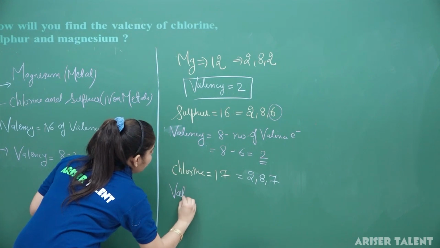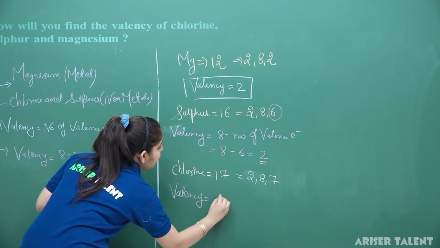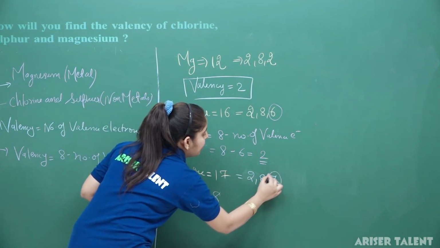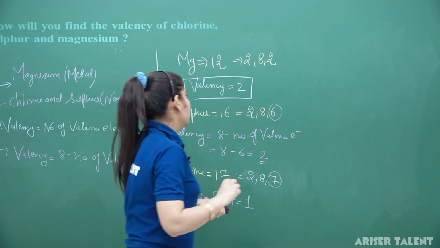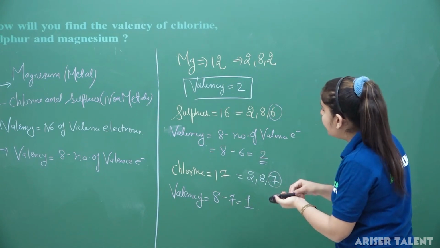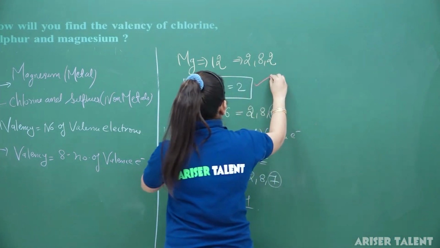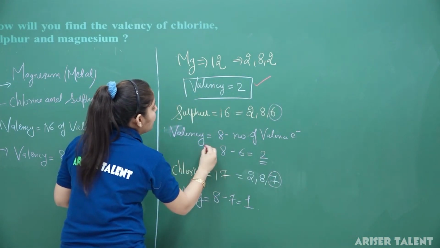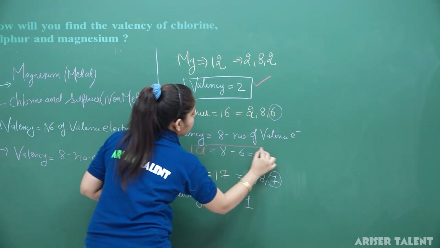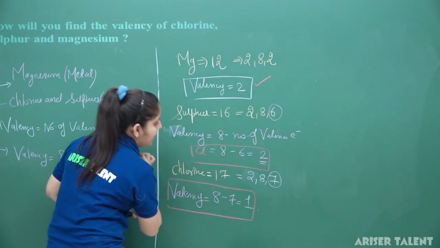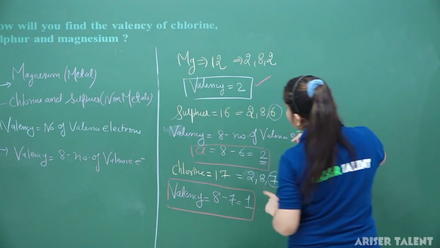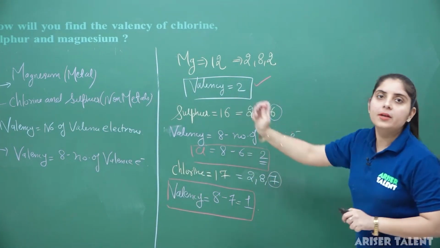So the valency will be 8 minus the number of valence electrons, that is 7. 8 minus 7 gives us 1. So these are the valencies of these elements. Valency for magnesium is 2, sulfur 2 and chlorine 1. So the correct answer is 2, 2 and 1.